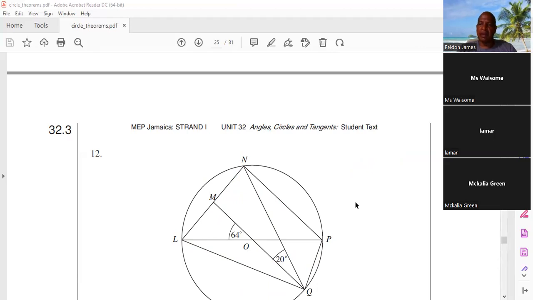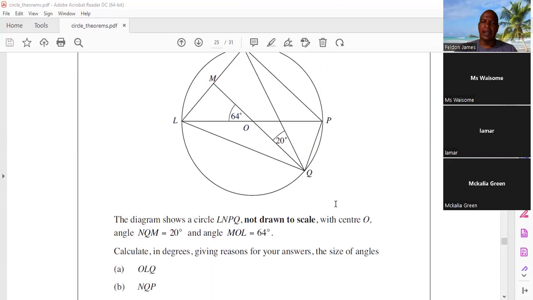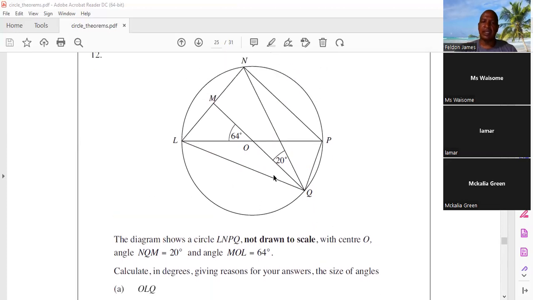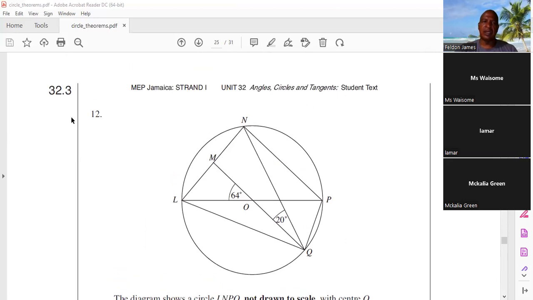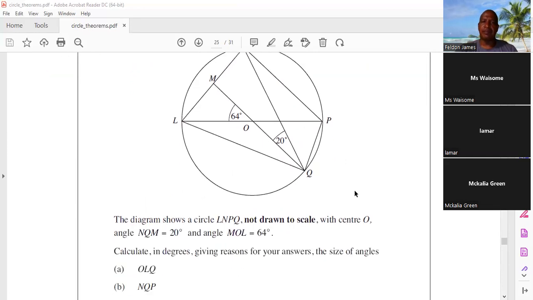And if you don't remember them fully, it's going to be hard to pick up on some of the questions. All right, so this is a good practice question for the CXC person. So if you get the time, go back to this question on the worksheet. It's actually 32.3, question 12.